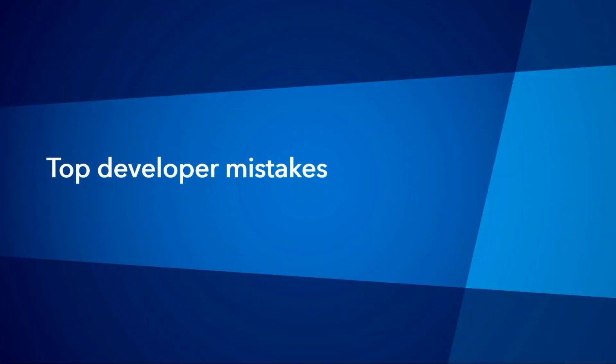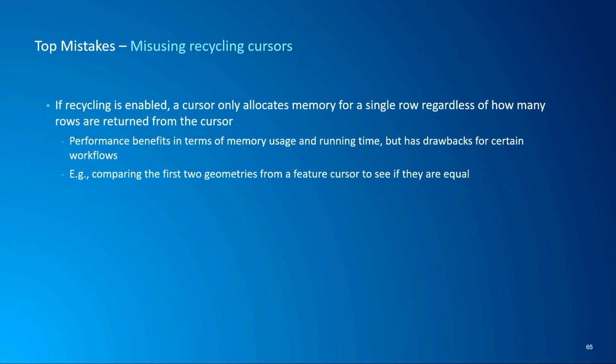Let's take a little second to talk about some top developer mistakes we've seen over the years. Okay, I think the first one is quite common and has been quite common, and that's why we have an entire section devoted to it. It's the misuse of recycling cursors. They do have a large amount of performance benefits if used correctly, but they can be a little bit confusing, right? Comparing the first geometry to the second geometry returned.